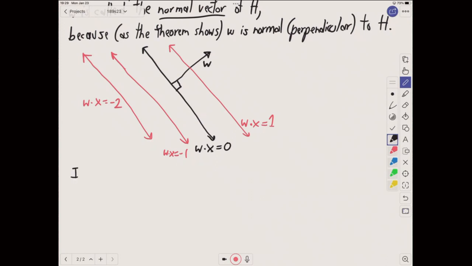Now, if w just happens to be a unit vector, then this expression, w dot x plus alpha, our decision function, also has the nice property that it's something called the signed distance from the point x to the hyperplane H.